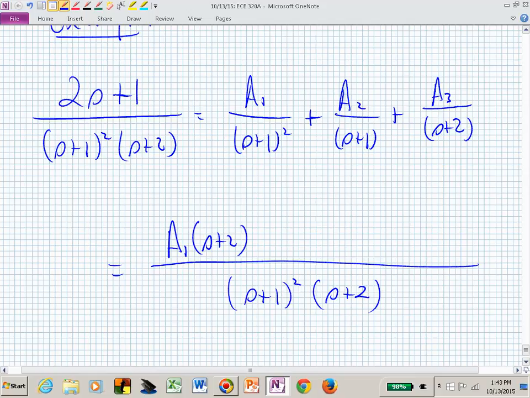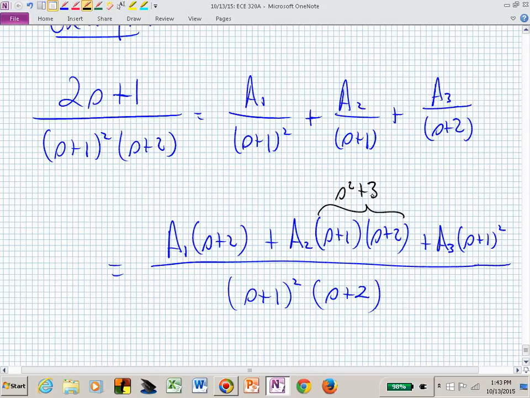What about the a sub 2 factor? I have to pick up an s plus 1 and an s plus 2. And for a sub 3, and I can multiply these out, and I have s squared plus 3s plus 2.